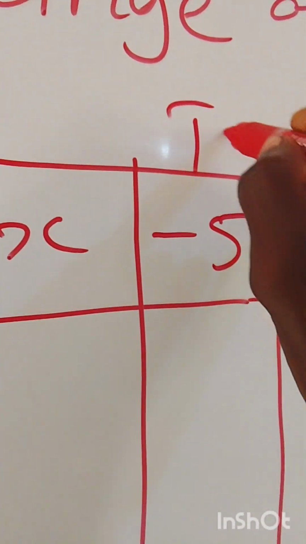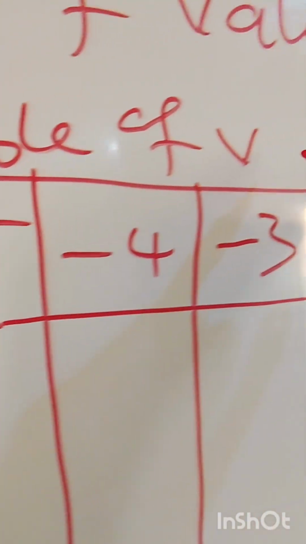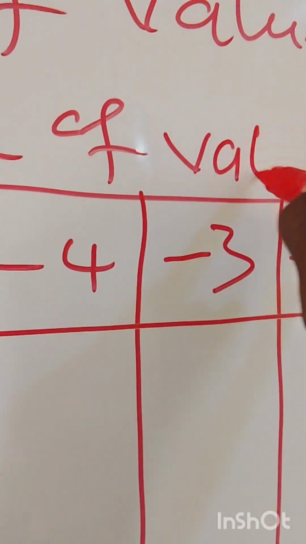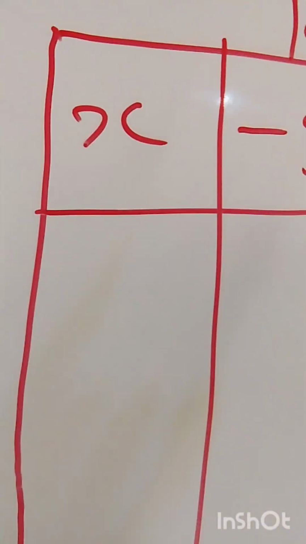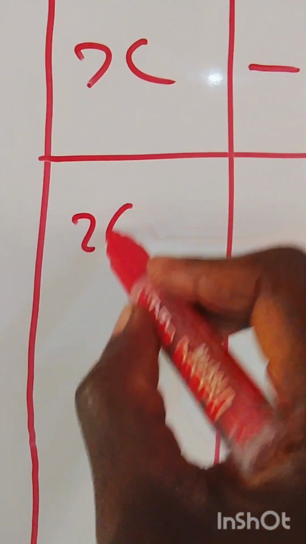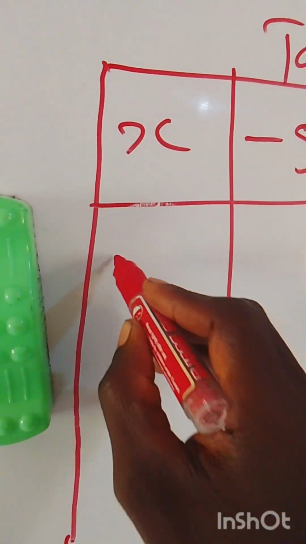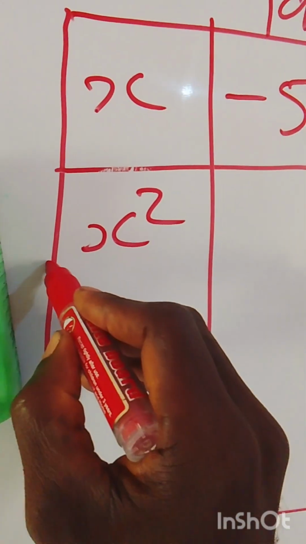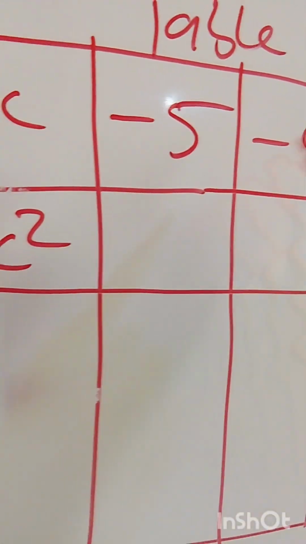Now, the next thing is that this is our table of values. Let me write it here. Next, let's get our x square column.